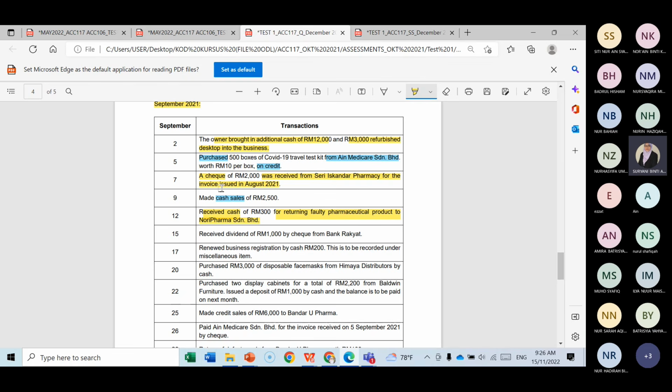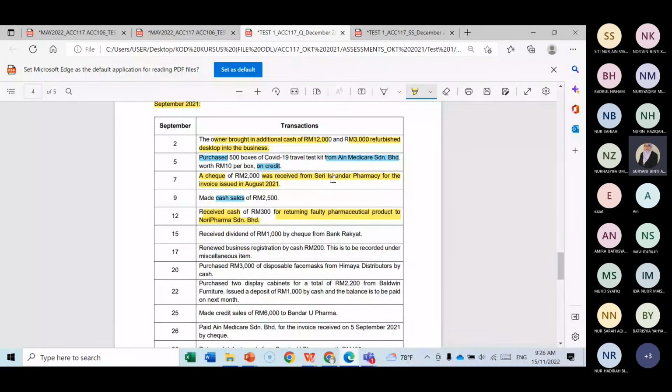Remember, I told you before, when you make purchase by cash, you will receive receipt, because you made the payment by cash or check. But if you make purchase by credit, jika kita membeli secara hutang, we cannot get receipt because we don't make the payment, betul? So instead, the seller will give us invoice. Dia akan bagi kita invoice atau bill.